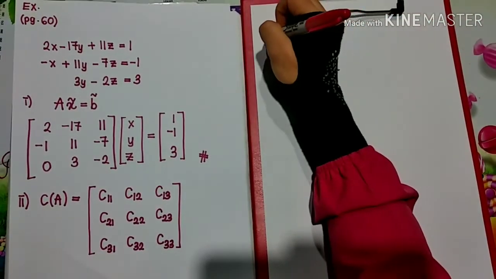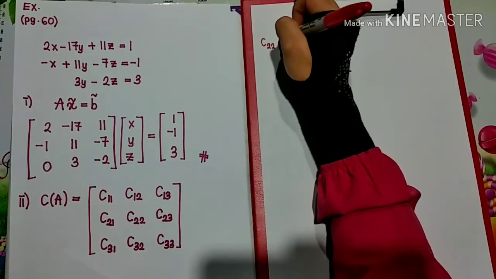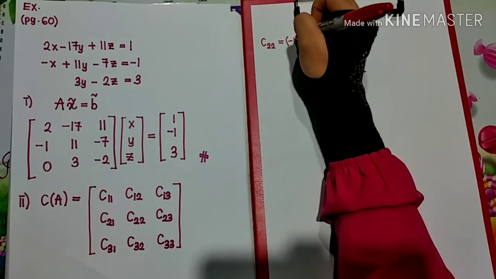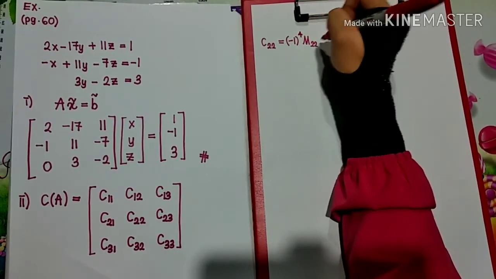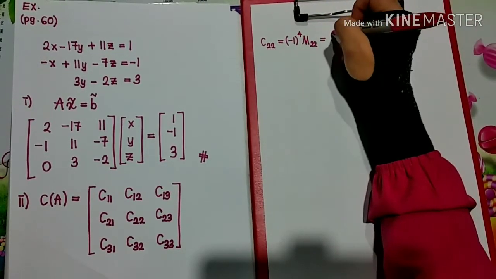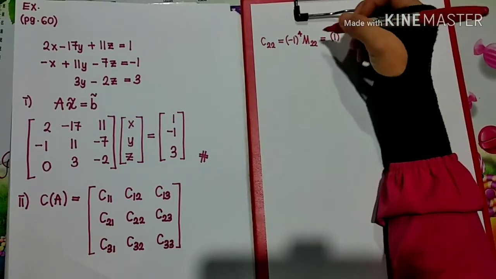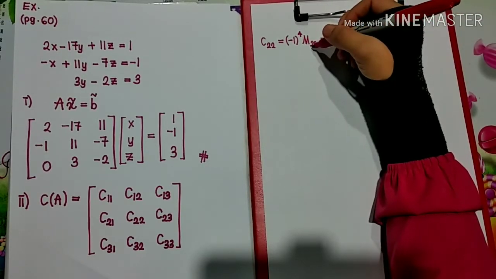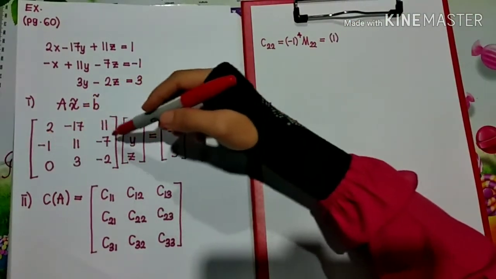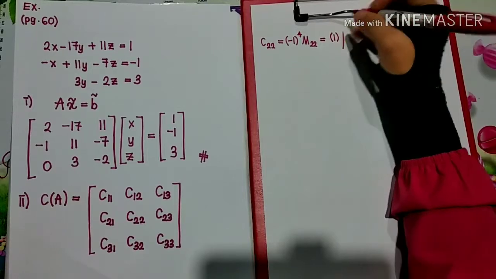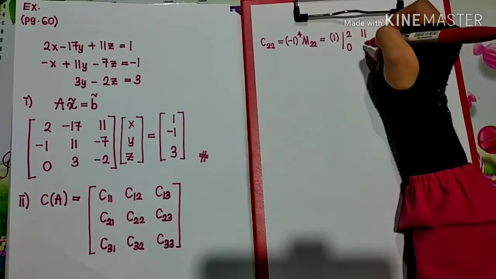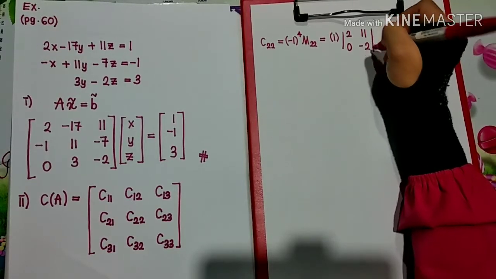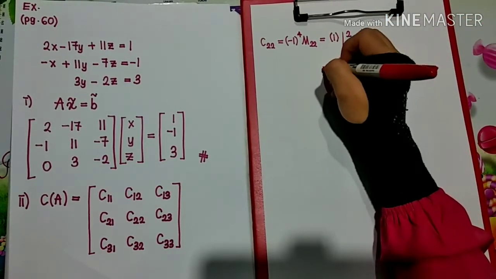Next one, we compute C22. So negative 1 power 4, M22. So negative 1 power 4, you will get 1. M22, that means you delete second row, second column. So second row, second column. So you are only left with 2, 11, 0, negative 2. Then we compute for this one.